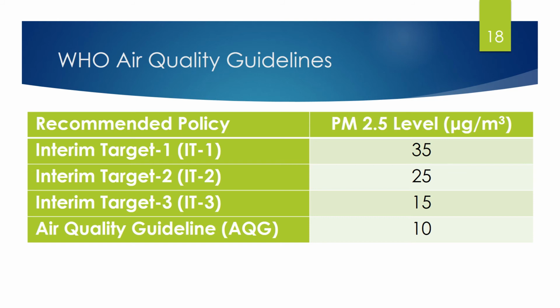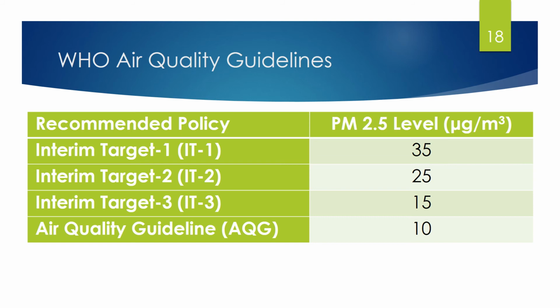Those are based on years of mortality studies in which these levels were established. So in recommending a policy, we'll use these recommended targets to establish what would be the best recommended policy for Saudi Arabia.